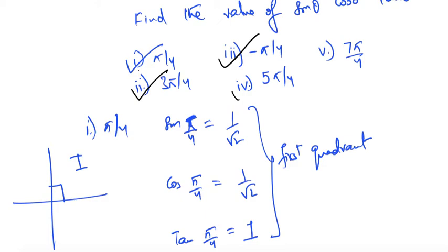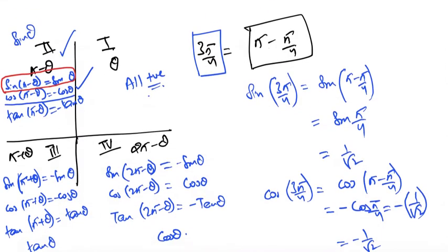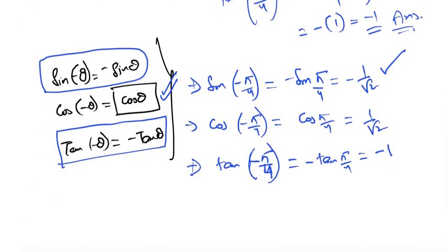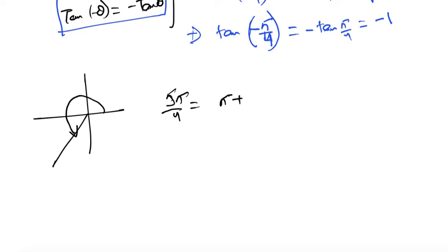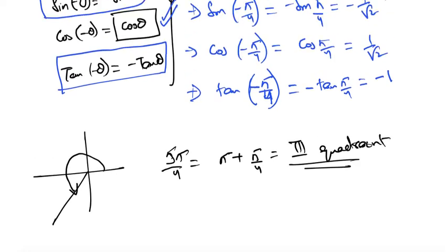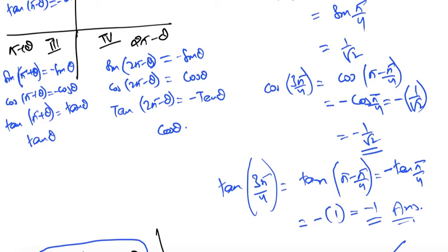Now moving on to 5 pi by 4. I am trying to cover all the quadrants. Okay, so 5 pi by 4 would be lying somewhere over here in the third quadrant, and we can write it as pi plus pi by 4, representing the third quadrant, and in this we use different identities that we have already mentioned over here.